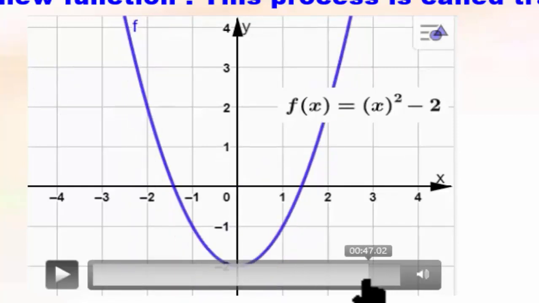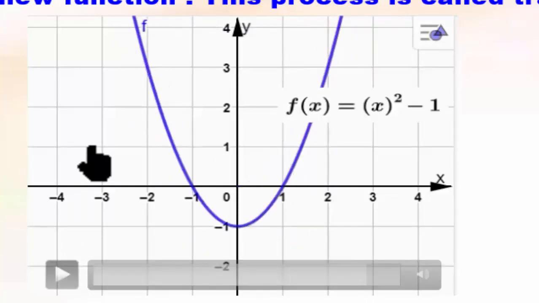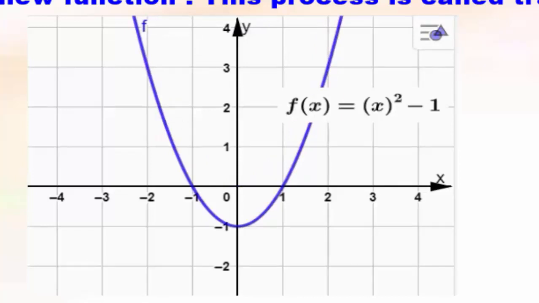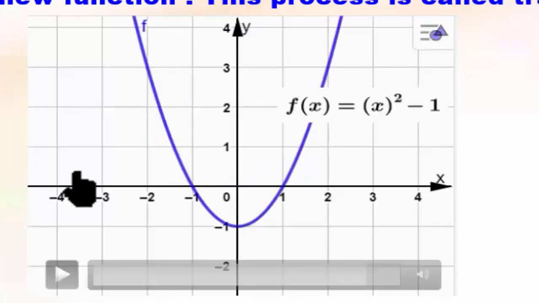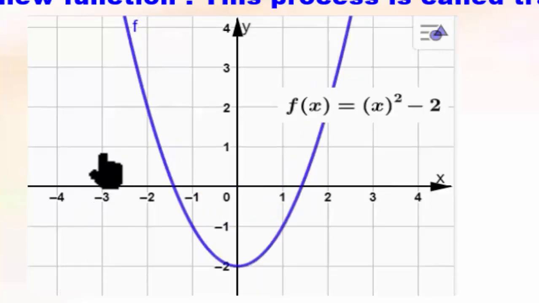If we move it 1 unit down, then f(x) equals x squared minus 1. And if 2 units, it becomes x squared minus 2, etc. That's the meaning of transformation.